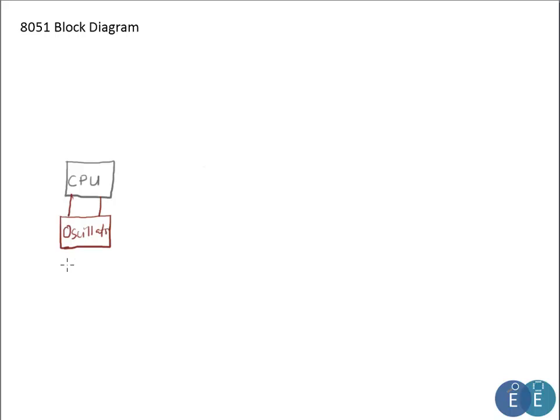Some of the oscillators are inbuilt, while there are also oscillators which can be connected externally. In this case, 8051 does not have an inbuilt oscillator, so we'll connect an external crystal. The frequency of which depends on the make of the 8051 core.